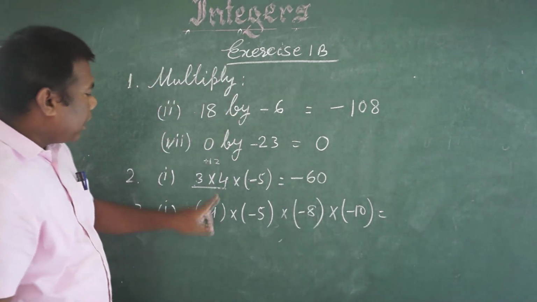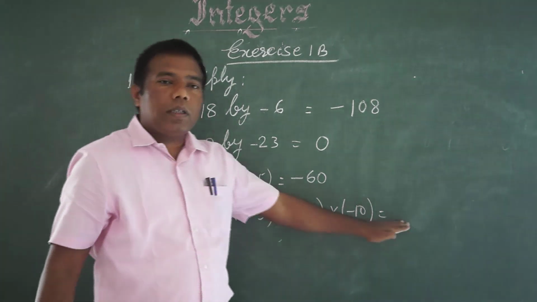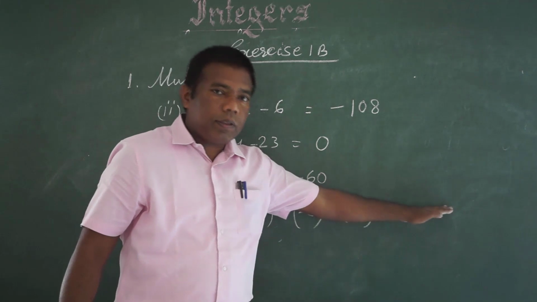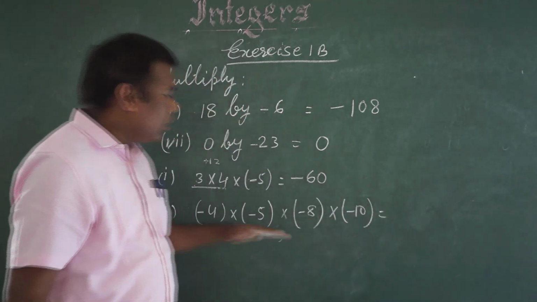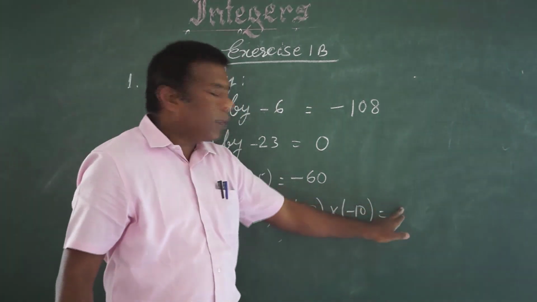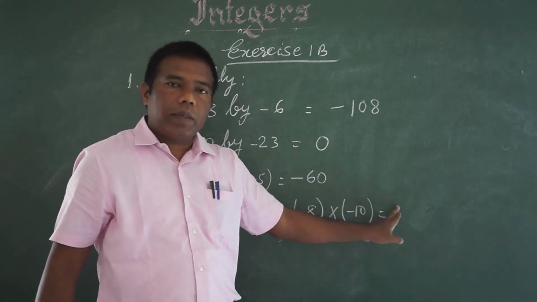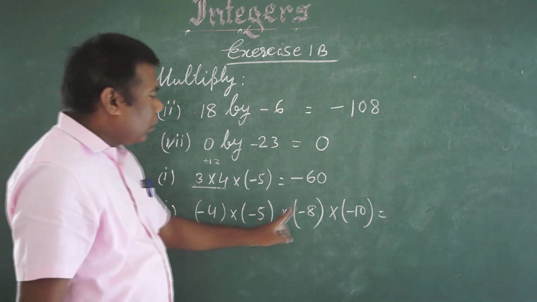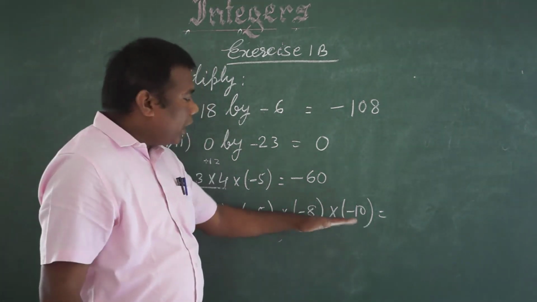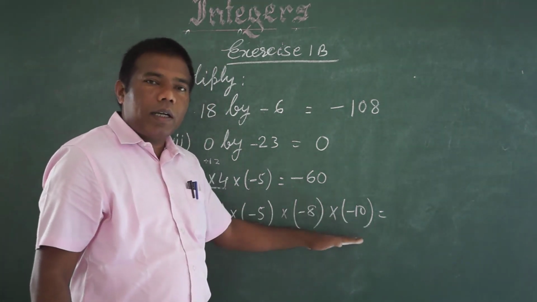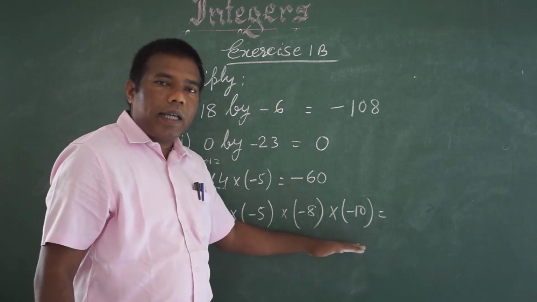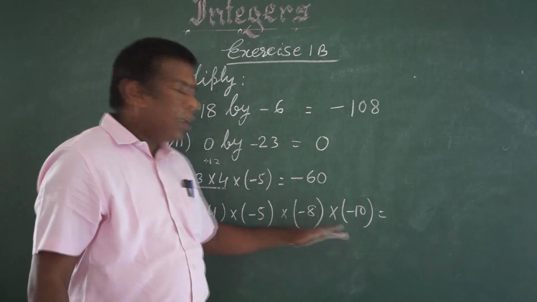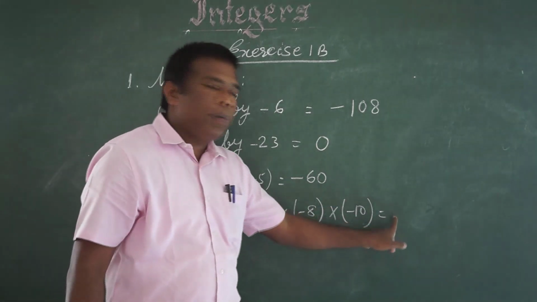Next, in this type of question, if negative signs appear many times, how will you know whether the product will be positive or negative? You count how many there are. If an even number of negatives is there, like 100, 200, 510, 1002, the product will always be positive.